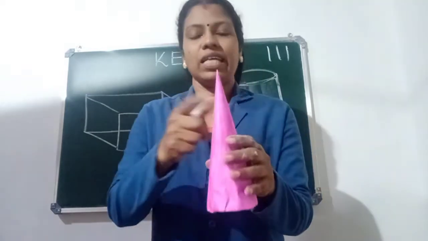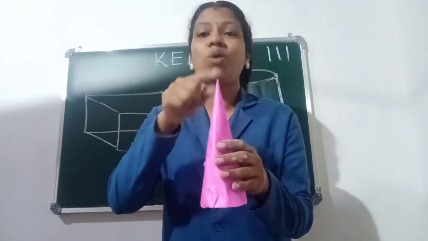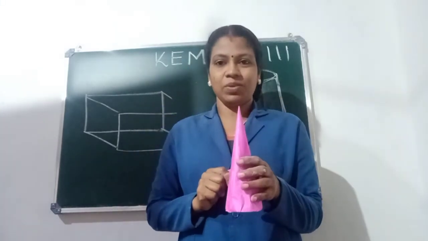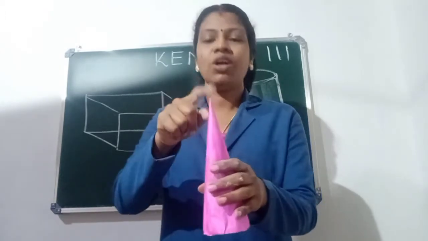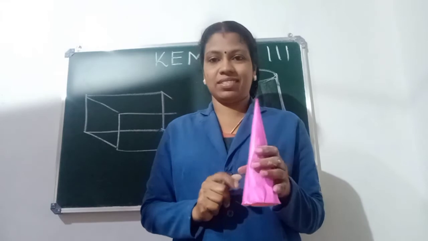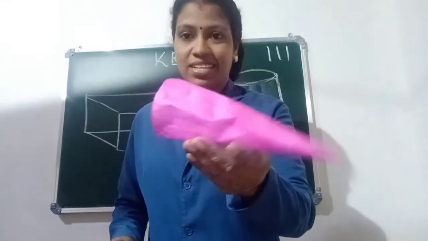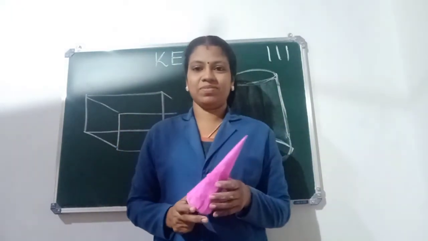So a cone has two faces and one corner, one vertex. We use the word vertex also. So a cone has a vertex and two faces. Clear?